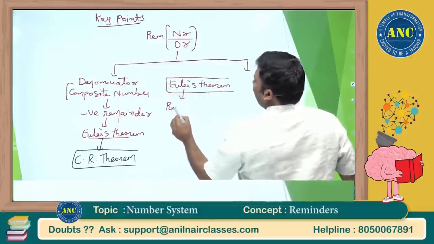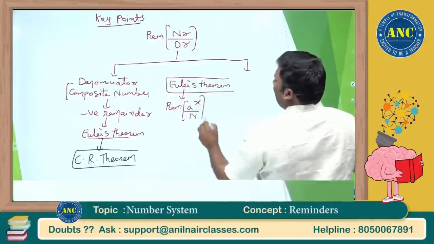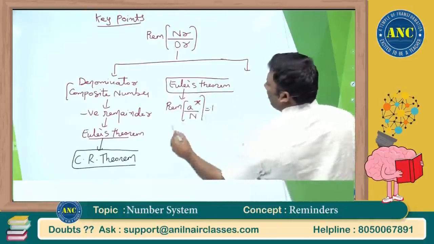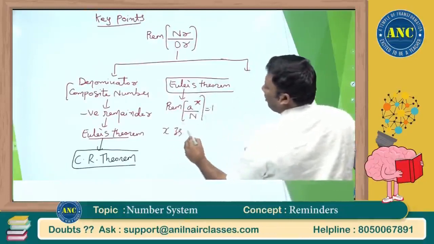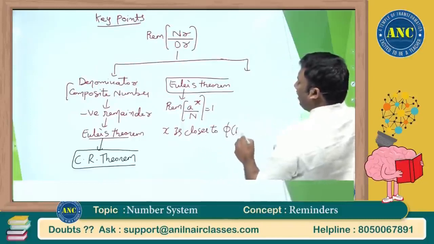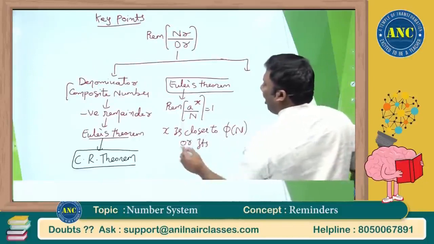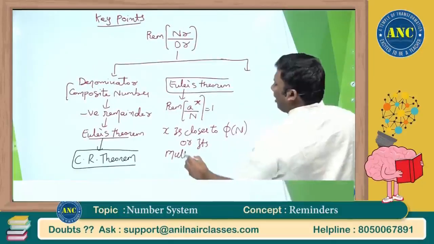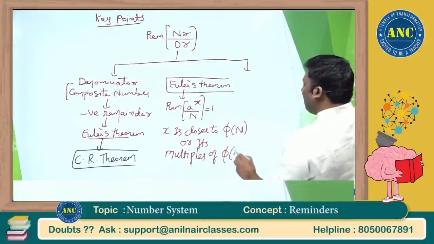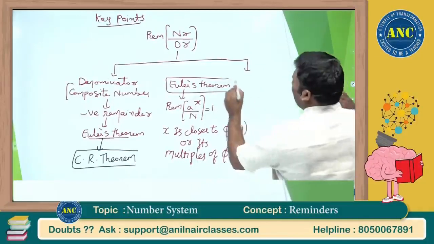If the question is of the form a power x divided by n, equivalent to 1, if x is closer to the totient function of n or its multiples, then Euler's theorem is used effectively.